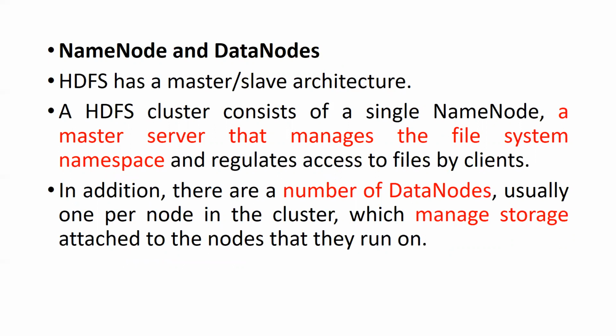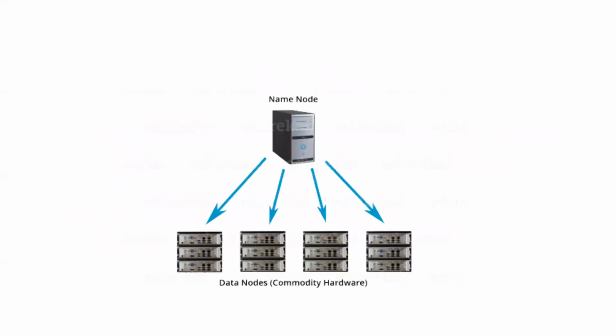architecture only. The name node is acting like a master server which manages the file system namespace. And then there are a number of data nodes. They manage storage attached to the nodes that they run on. The single name node is handling a large number of data nodes.